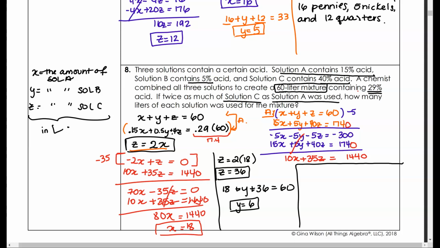So our solution consists of 18 liters of solution A. Then we would have 6 liters of solution B. And 36 liters of solution C. And that would have been our total. And that's the end of that problem.